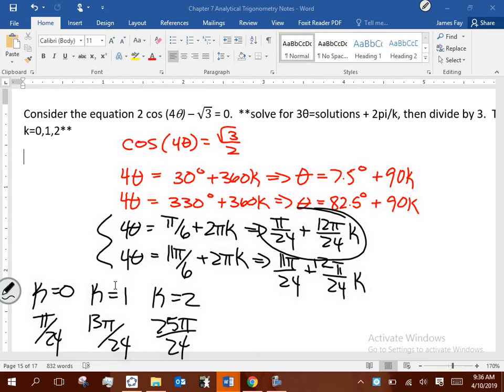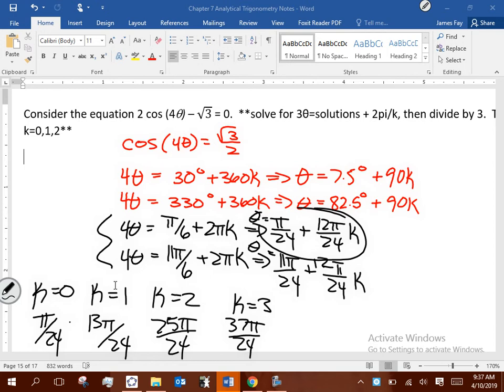Okay, isn't it much easier just to keep adding 12 to that numerator? And then when k is 3, we're going to add 12 to that, so it'd be 37 pi over 24. And those are the four solutions for theta. I should have written theta here is equal to that. Those are the four solutions for theta in that first equation.